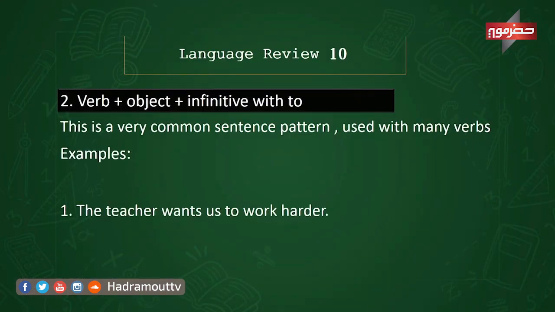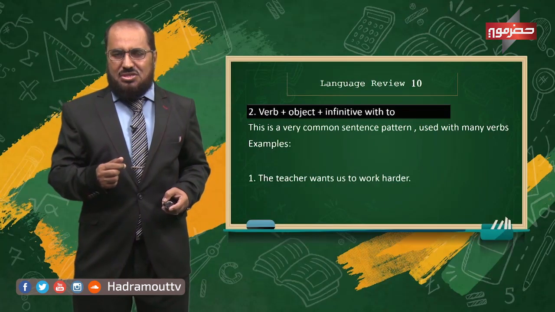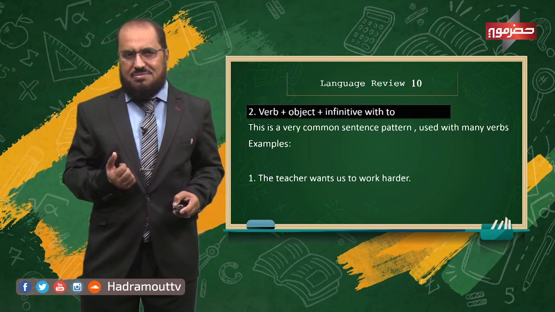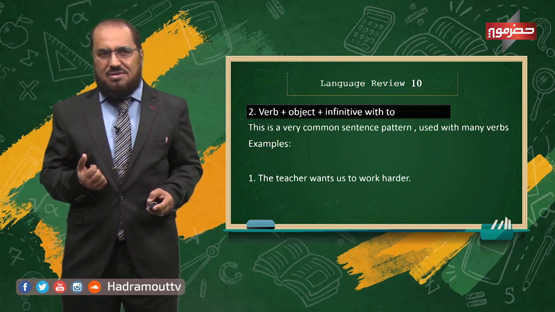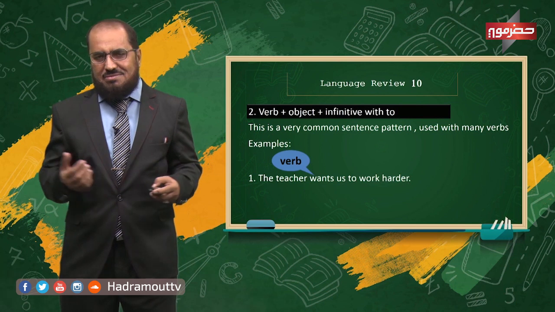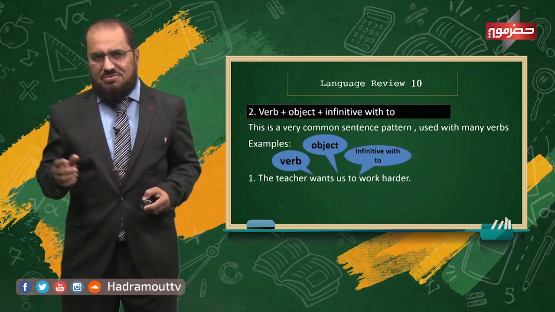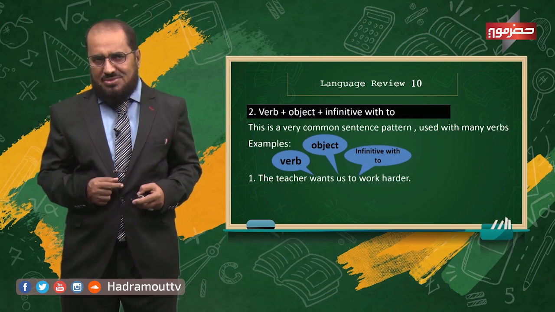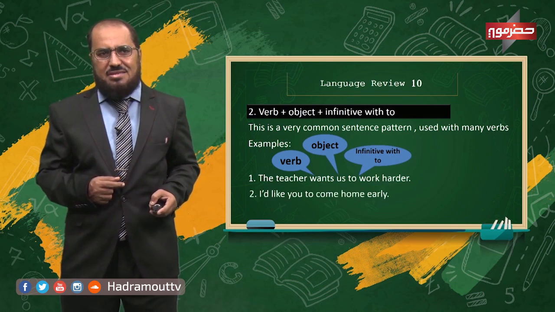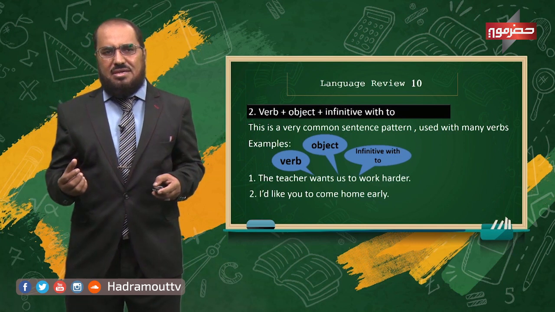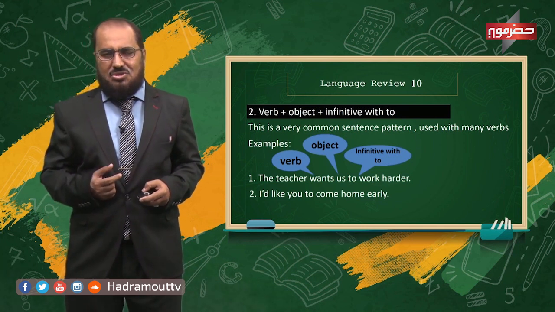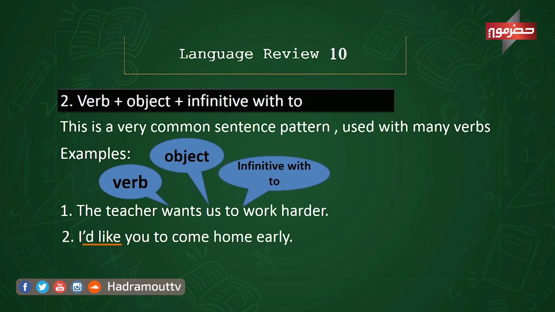Okay. Look at this. The teacher wants us to work harder. Where is the verb? Wants. Then object, us. To plus infinitive, to work. Okay? Next, I'd like you to come home early. The object, you.